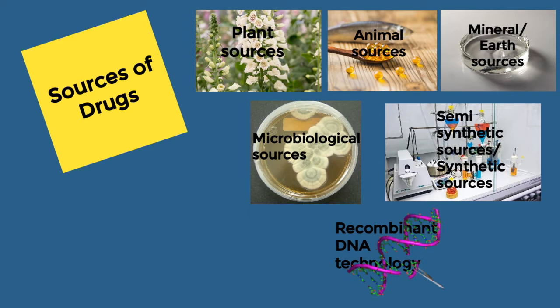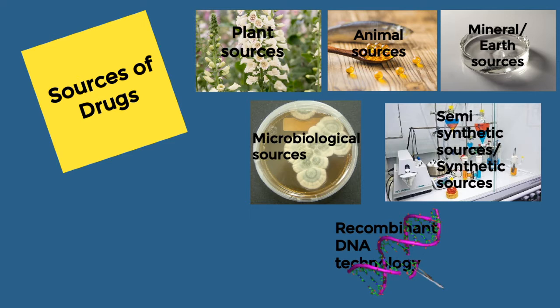Third, those derived from minerals. Fourth, microbial sources. Fifth, those synthesized in the lab, synthetic drugs. And the last one, again a synthetic one, is produced in our lab by combining DNA fragments, recombinant DNA technology.